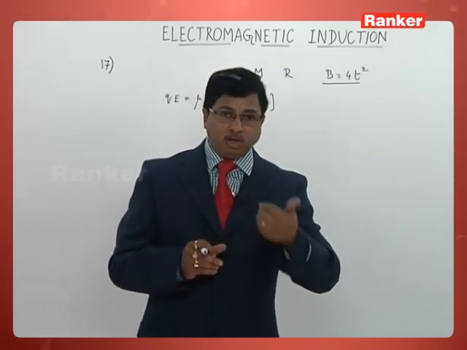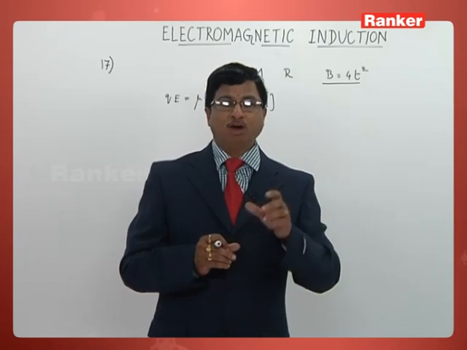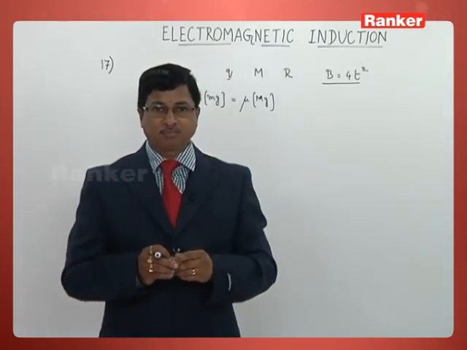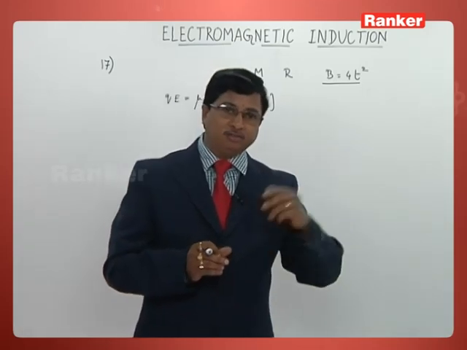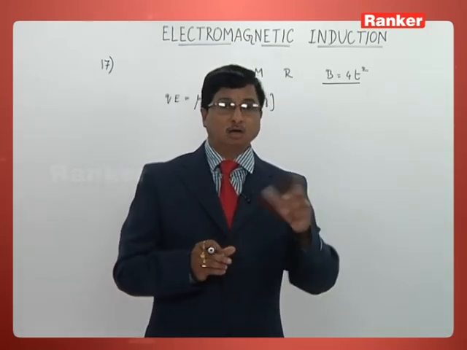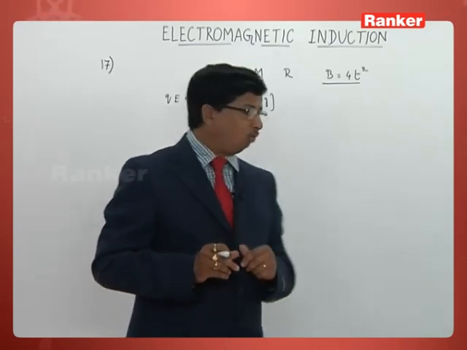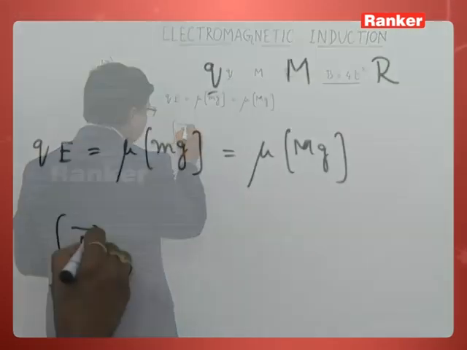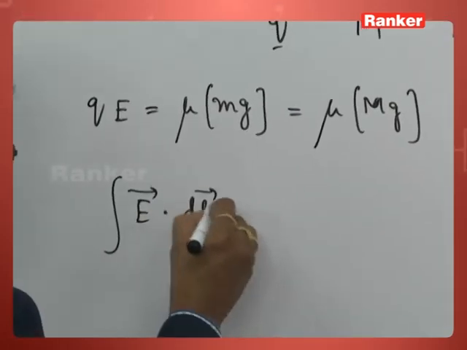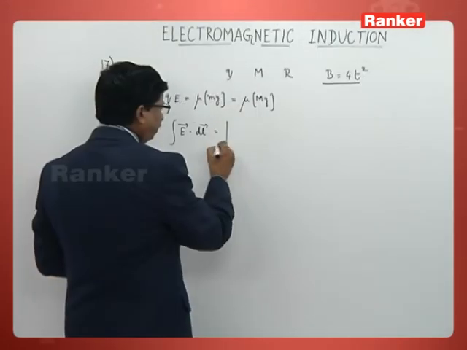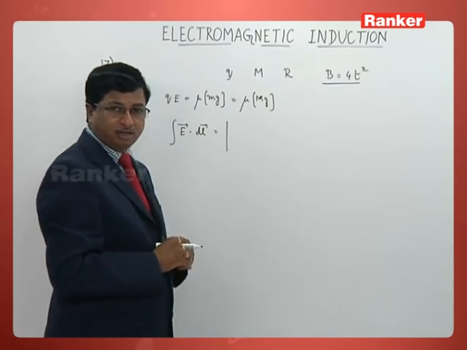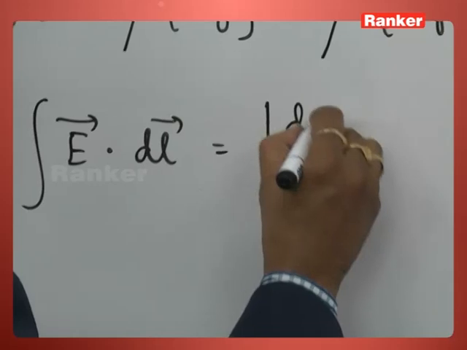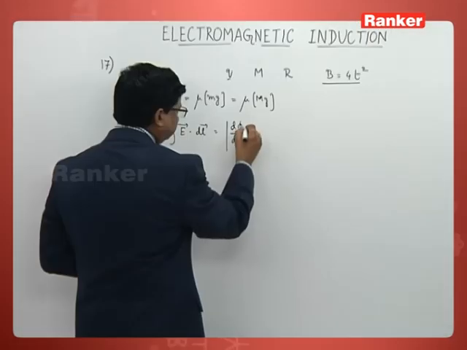Due to that, what do we have to do? We have to link up this magnetic field with that electric intensity. How? We know there is a simple equation: integral E dot dl, which is nothing other than the magnitude of d phi by dt.